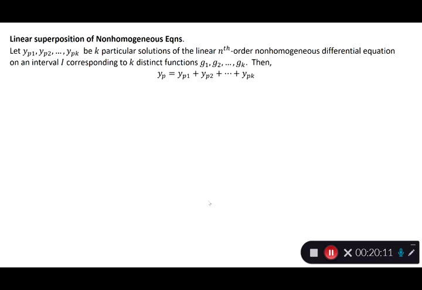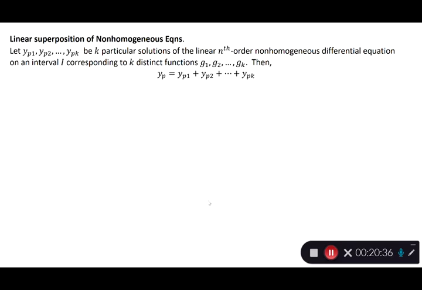Linear superposition of non-homogeneous equations. Ooh, what's up with that? Yikes. Let yp1, yp2, through ypk be k particular solutions of the linear nth order differential equation on an interval I corresponding to k distinct functions g1 through gk.